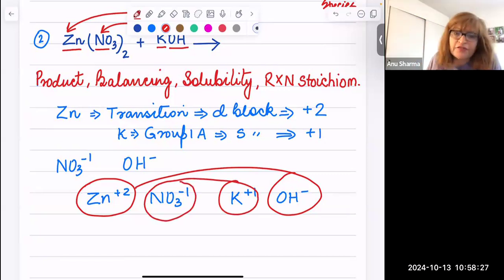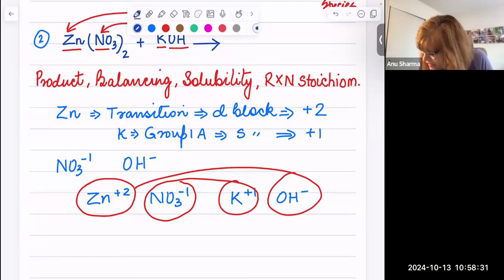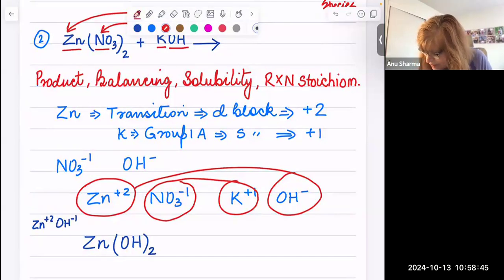But always metals are written first. So with that said, we now have Zn(OH) whole twice, right? Because it's coming from Zn +2 and OH -1, crisscross. This number comes here and this number goes here.